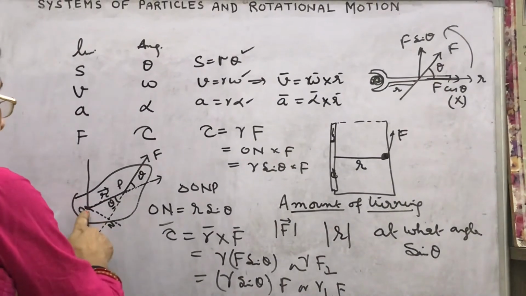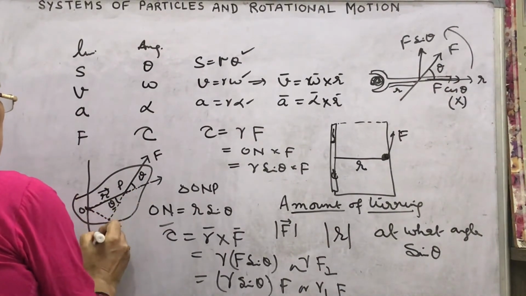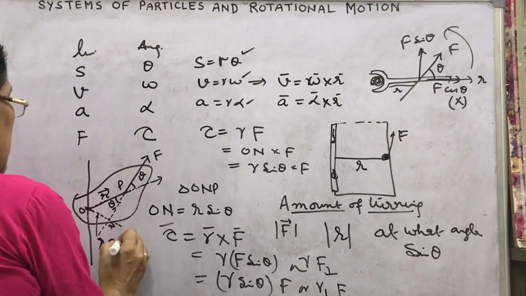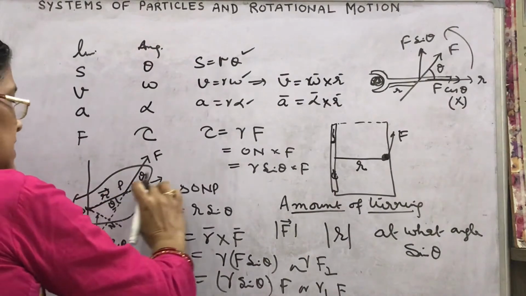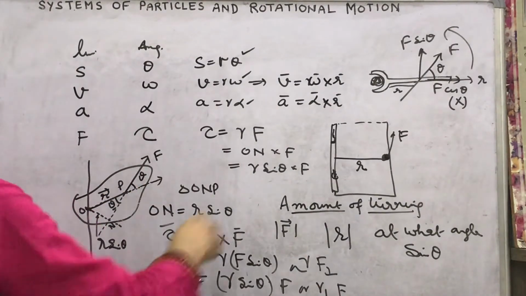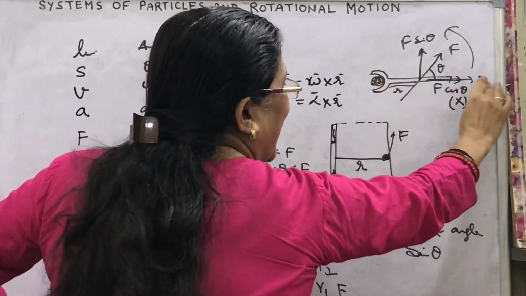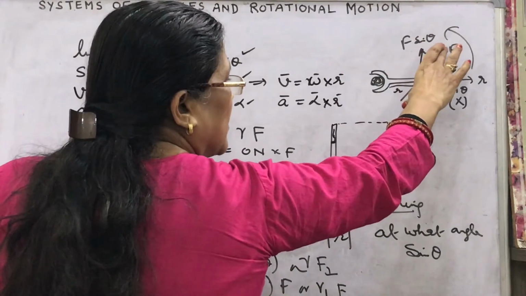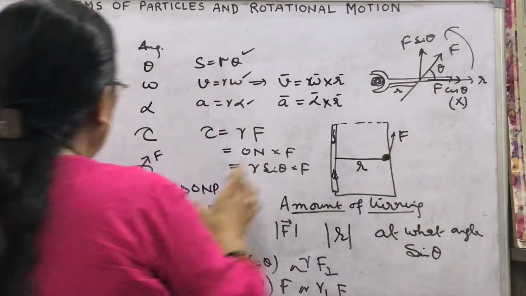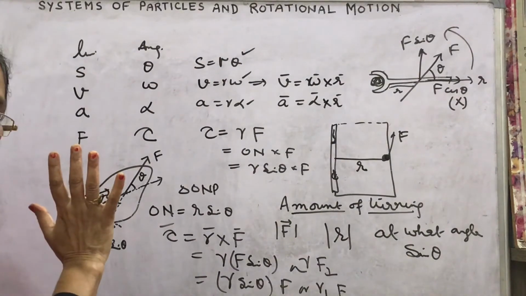Look here, this ON is R sin theta, so R sin theta into F, and this is the direction of R. Here I have shown that this is R into F sin theta. So either you take the product with components of force, or the components of R. Okay, is it clear?